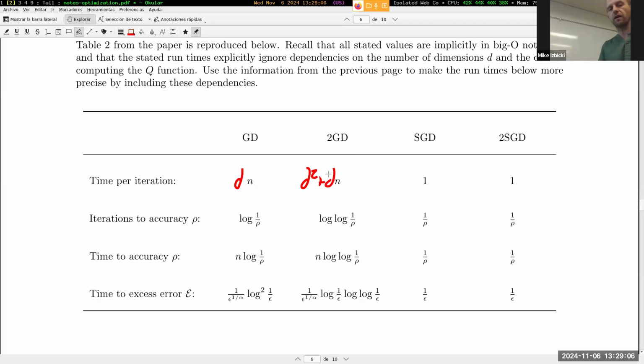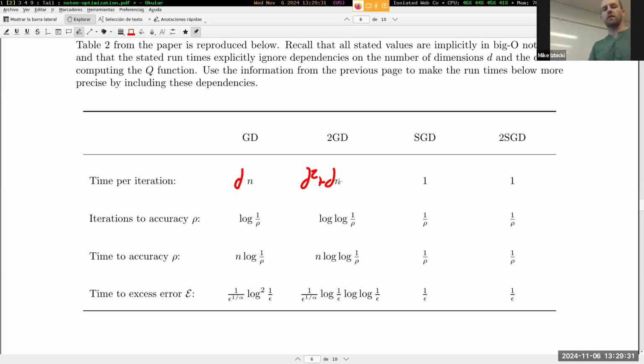The D squared right here is significantly larger than the D by itself. And so each individual iteration is going to take more time. Pictographically, we argued that the advantage of 2GD is that we're somehow automatically determining our step size for us, and in the large dimensional case, it's also helping us improve our direction a little bit.